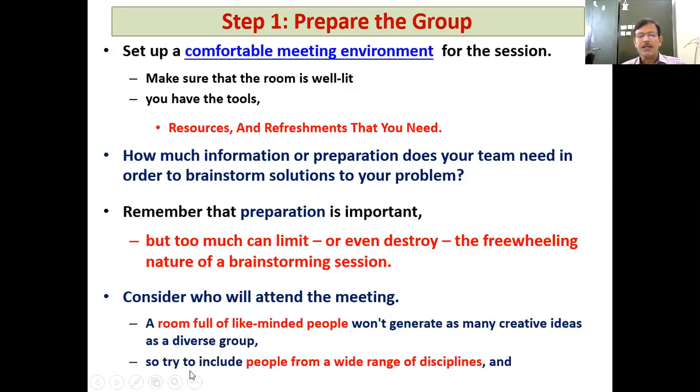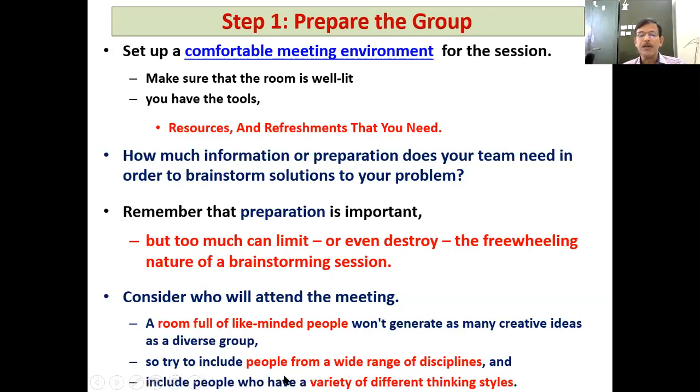On the contrary, try to include people from a wide range of disciplines. That's important. There are two types of groups here: like-minded people, and people from a wide range of disciplines. People from a wide range of disciplines are necessary to get more dynamic, useful, fruitful ideas.